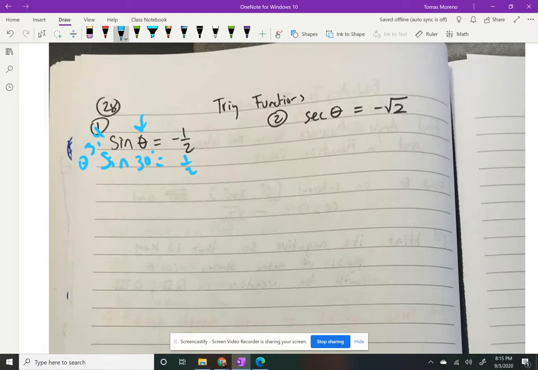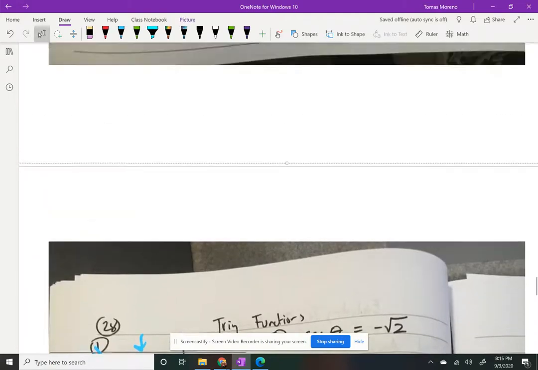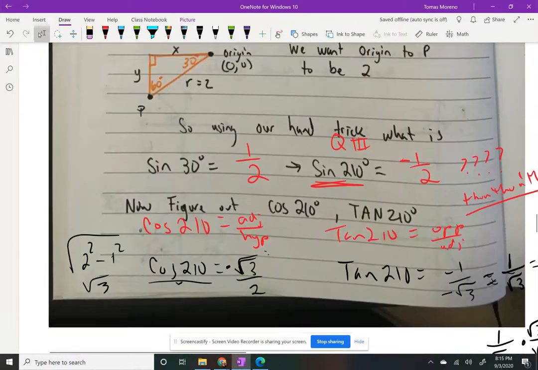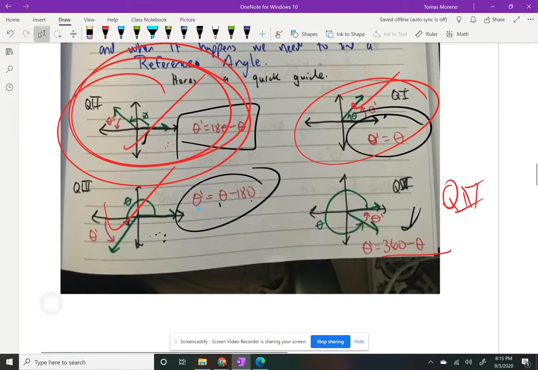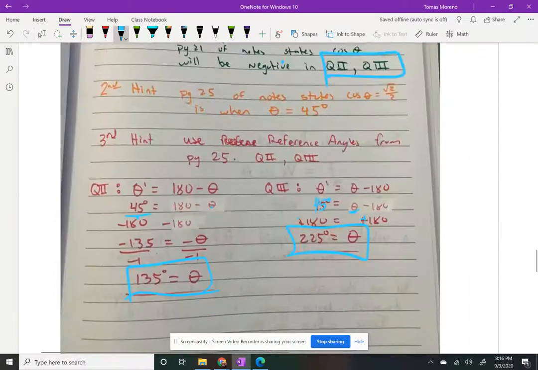So I'm going to have my reference angle equal to the angle I'm looking for minus 180. This is for quadrant 3. If you guys don't remember, we could scroll back. It's right here. Quadrant 3, reference angle, which we know is 30, the angle minus 180. The other one is reference angle, 360 minus the angle.